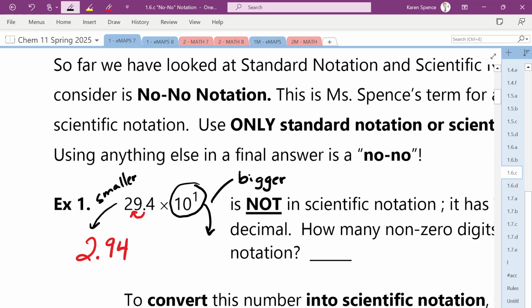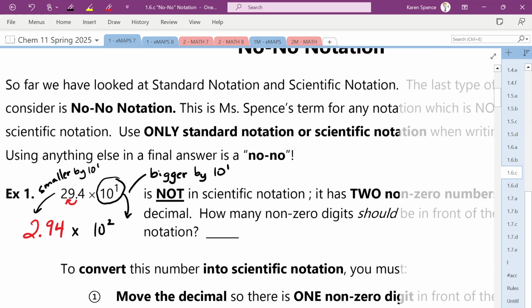If that doesn't make sense to you, I'll explain that in a moment. So this got smaller by 10 to the 1. We moved our decimal place one place. This has to get bigger by 10 to the 1. So instead of having times 10 to the 1, we will now have times 10 to the 2.